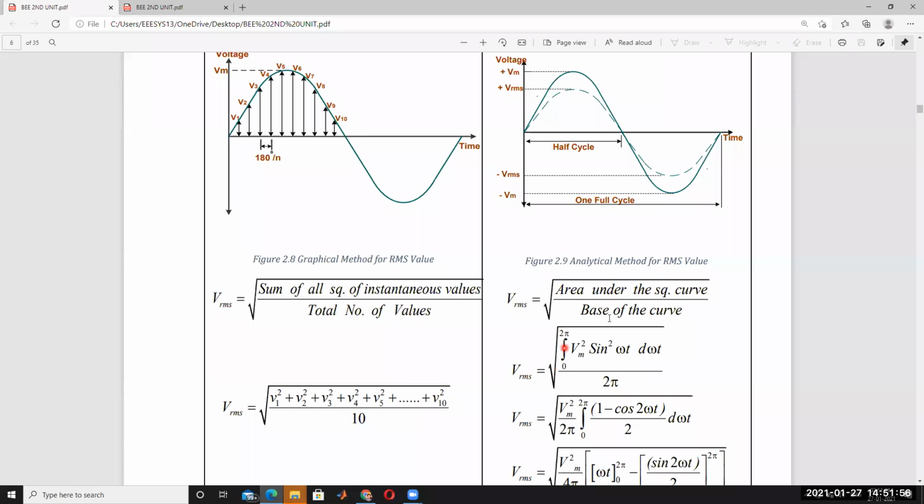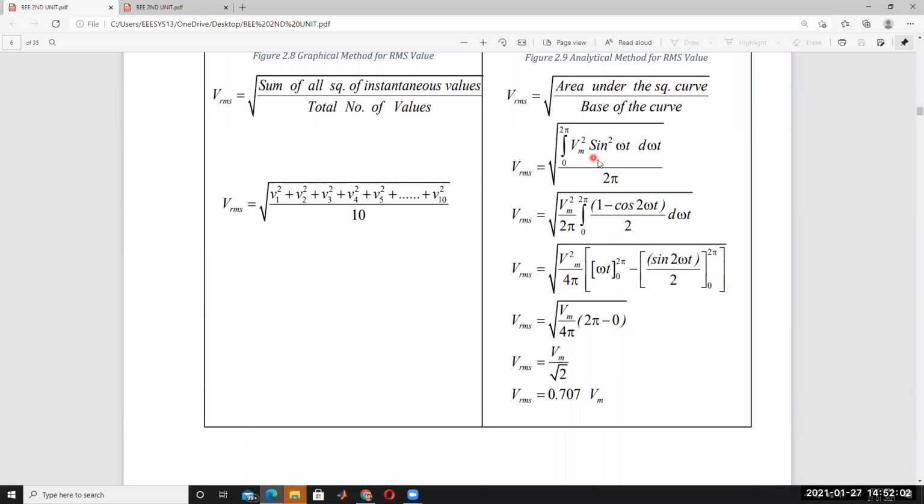VRMS is equal to the square root of the integral from 0 to 2 pi of Vm squared sin squared omega t d omega t, divided by 2 pi. And sin squared omega t is equal to 1 minus cos 2 omega t by 2. So Vm squared divided by 2, integrating 1 minus cos 2 omega t from 0 to 2 pi, you will get VRMS equal to 0.707 Vm.